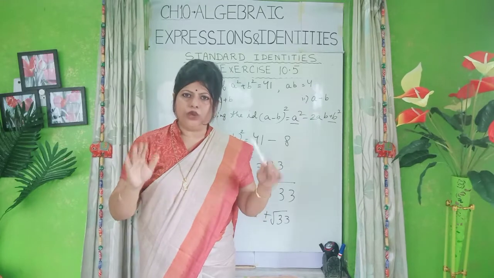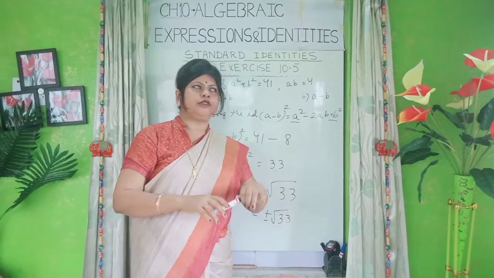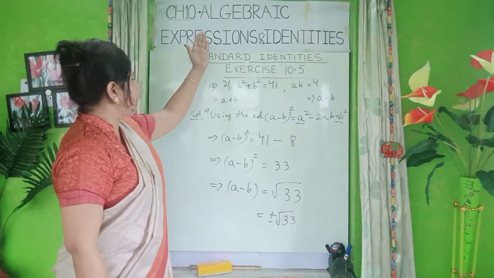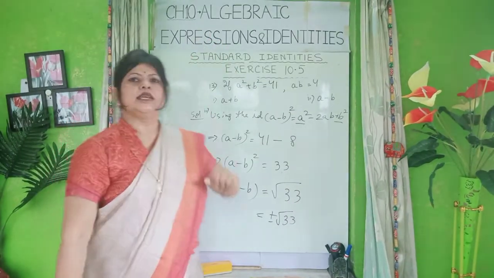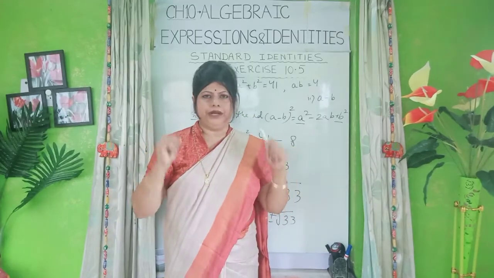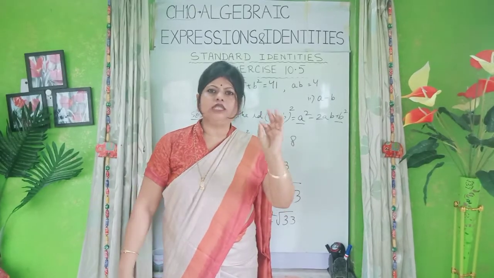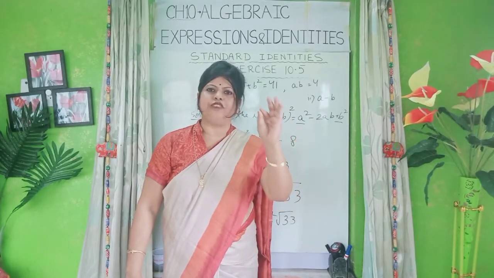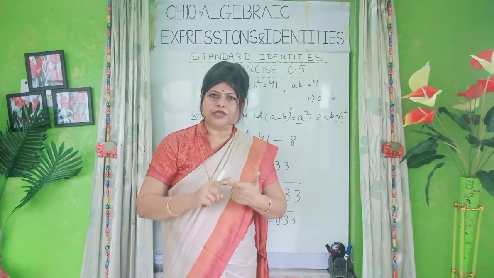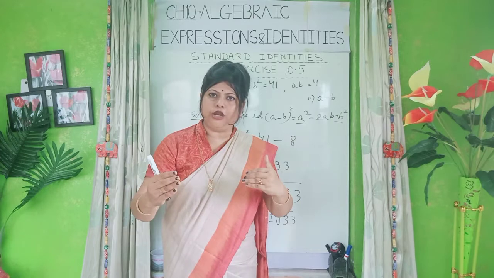So children, with this we come to the end of the whole chapter, that is chapter 10, algebraic expressions and identities. Let us recapitulate what we did. We started with basic, fundamental concepts of algebra. We did terms, types of terms, polynomial, degree of polynomial.